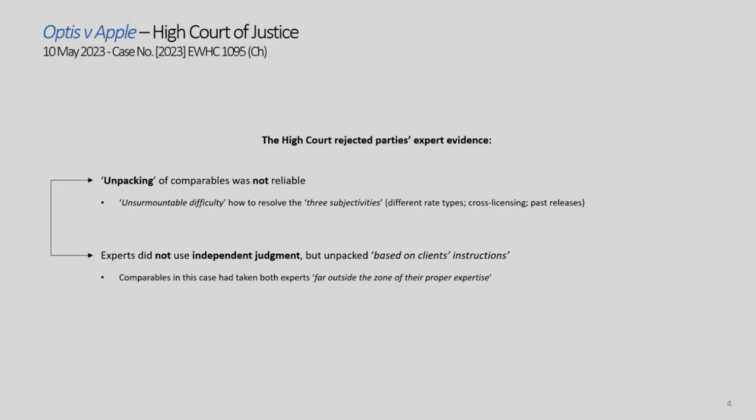So the parties had extensive evidence, particularly focusing on comparable licenses. There were two experts, one of each party, that tried to unpack agreements both of Optis and of Apple, and determine a rate for Optis' portfolio based on this information.